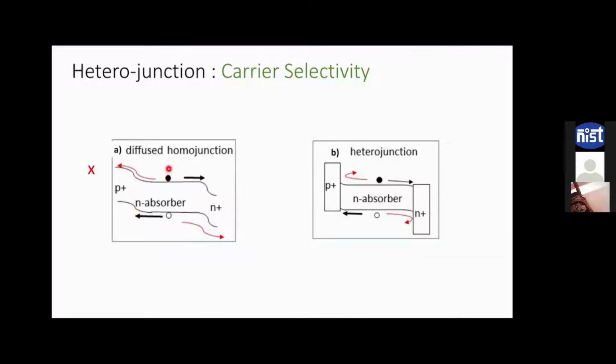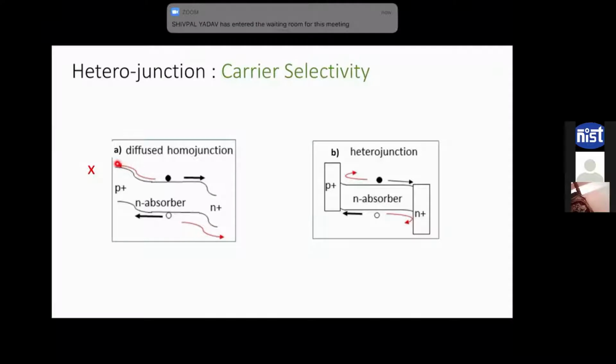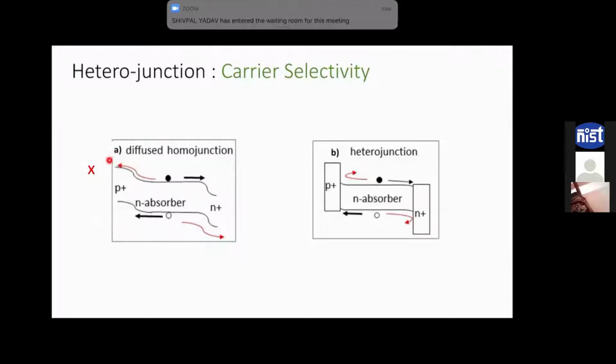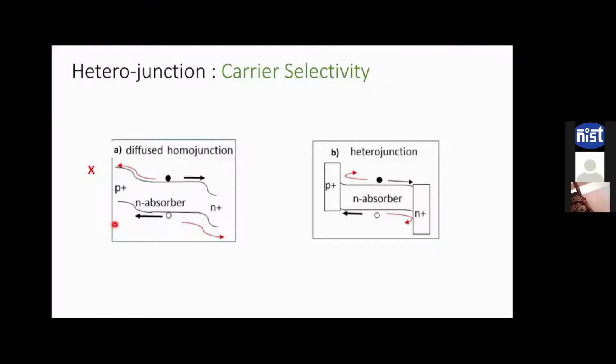But if this electron diffuses towards this junction, there is always a higher probability that this electron can overcome this barrier and get recombined on the wrong side. Why am I calling this the wrong side? Because as we have seen, we don't want this electron to go in the opposite direction, or in the same direction as the holes.